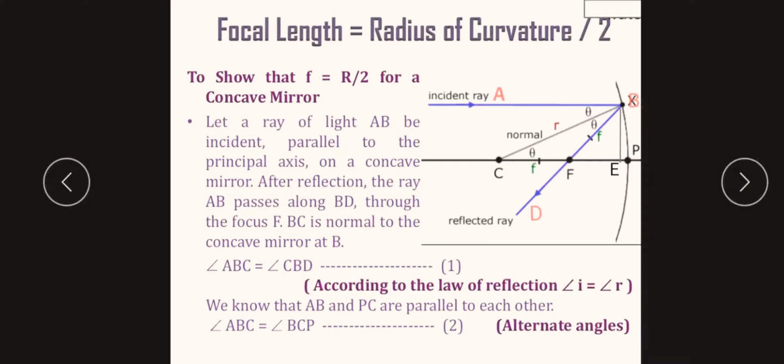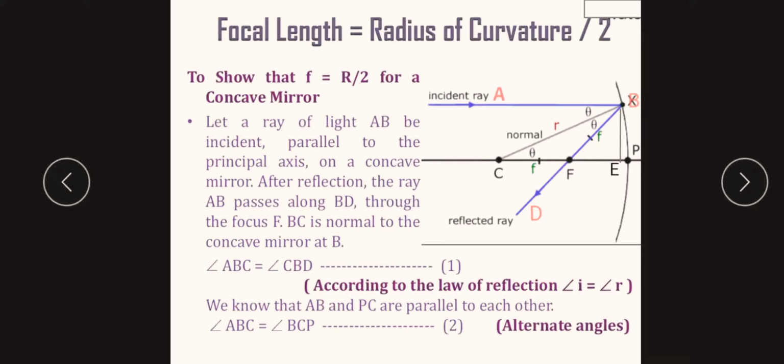According to the law of reflection, the angle of incidence i is equal to the angle of reflection r, that is, angle ABC equals angle CBD, theta equals theta.